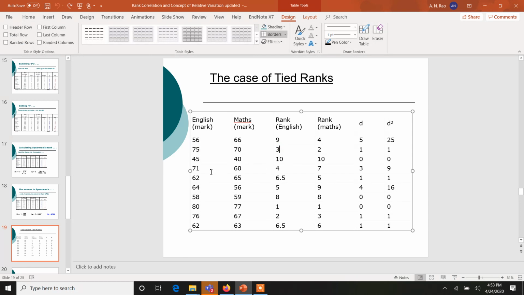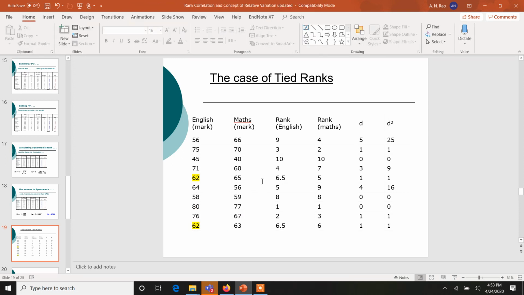Then the next highest value is 71 and I've assigned it a rank of 4. Then the next highest value is 62. But the problem is 62 is occurring here as well as here. So we have the problem of tied rank, like the two values have a tie in ranking.